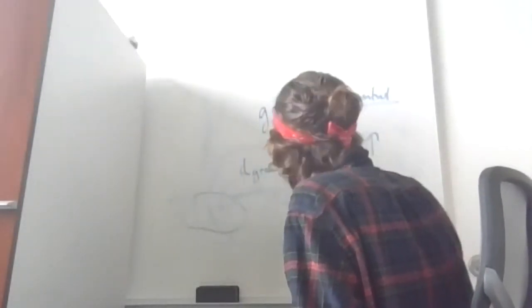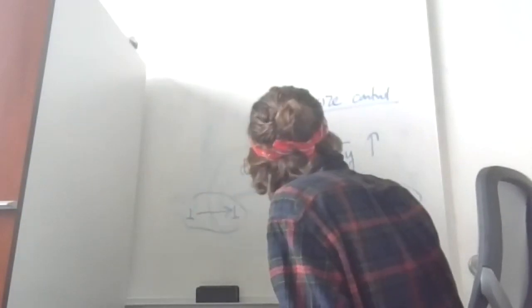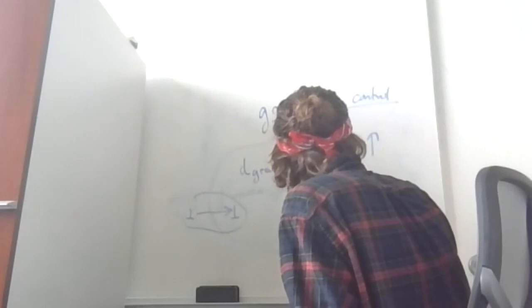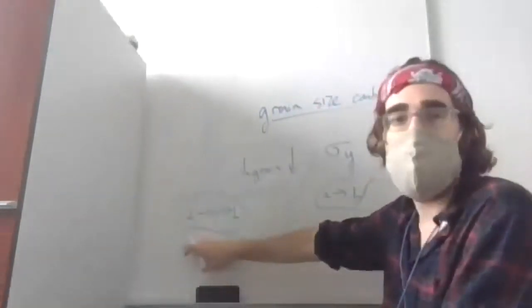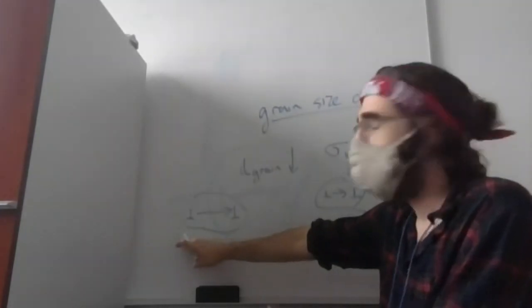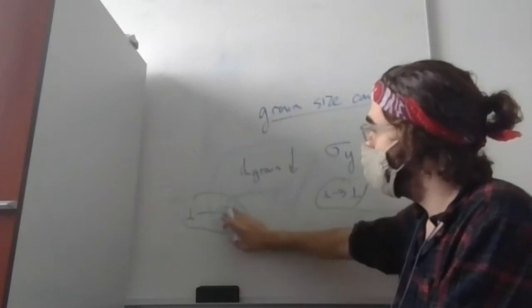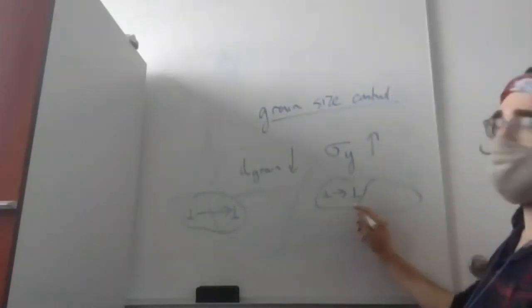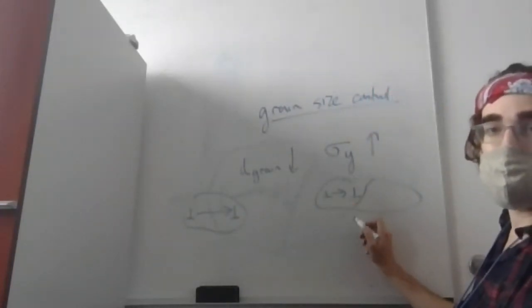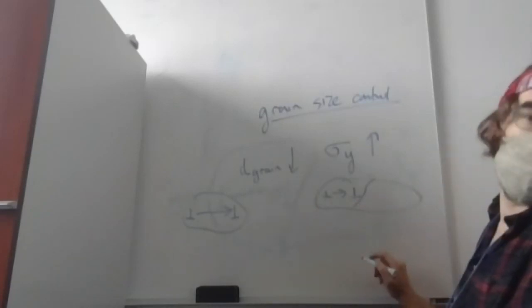I'll just draw it out again. So this is kind of like the material divide, the dislocation going through the whole grain on this side, and the dislocation being stopped by a grain boundary on this side. And this can be modeled experimentally.